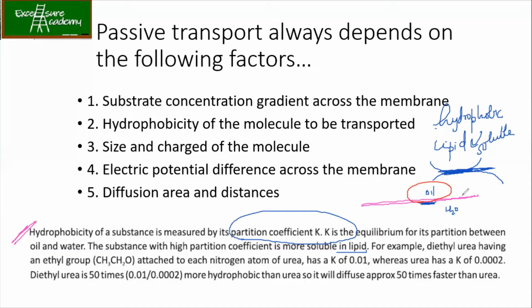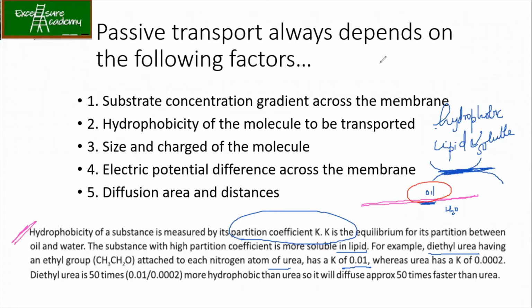Now for example, diethyl urea having an ethylene group attached to each nitrogen atom of urea has partition coefficient of 0.01. डाईइथाइल यूरिया का फॉर्मूला क्या है? Anyone? अच्छा, यूरिया का मालूम है किसी को?